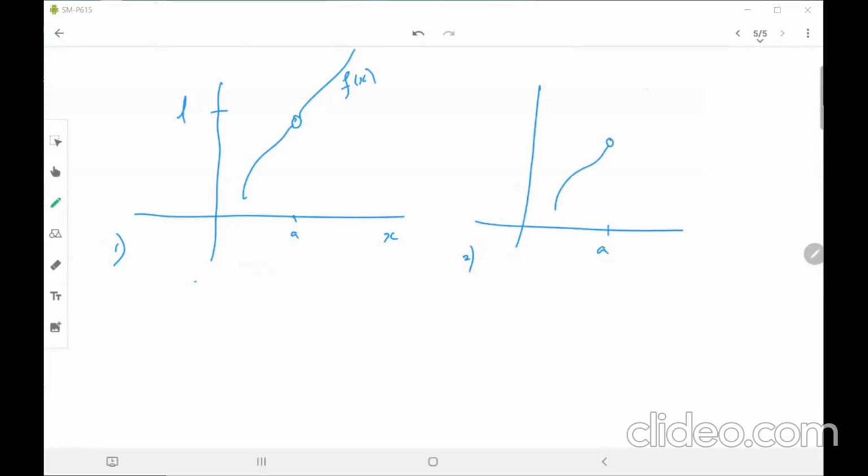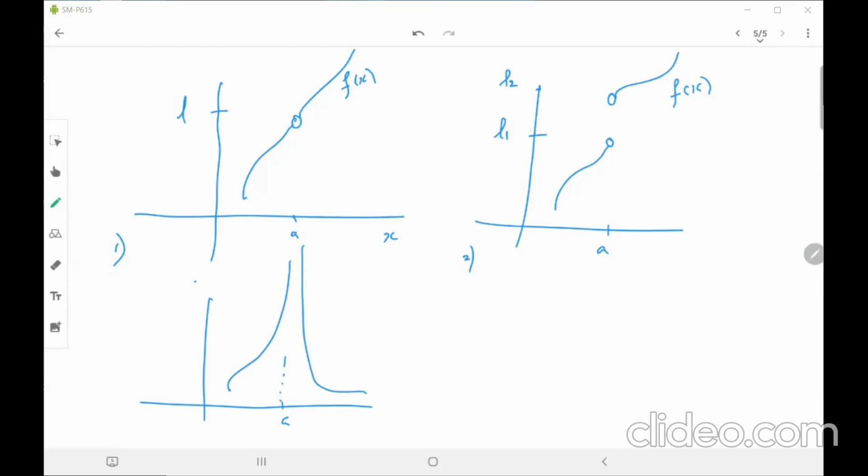This is a point here, and say this is a point. Here this is a function, it is a piecewise function. This point is L1, and this point is L2. And another case, I can have a graph at the point A, and at this point it will be like this. This is the point A, and on the left side, maybe I can have a value like this also.